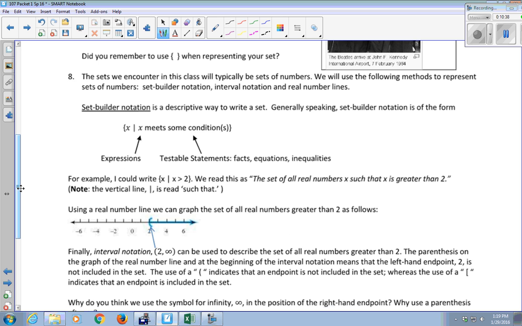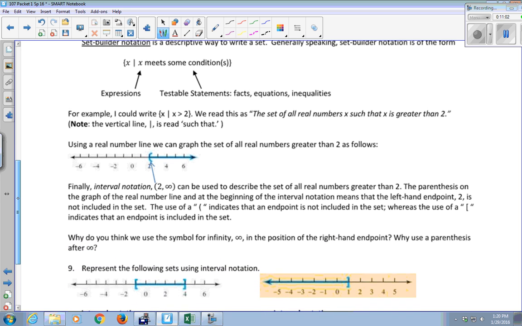So set builder notation is a descriptive way to write a set. It generally looks like this. You start with a curly bracket, just like you were going to list everything out. And then you write X, vertical line, and that vertical line is read as "such that." So we would read this as the set of all X's such that X meets some conditions that you choose.